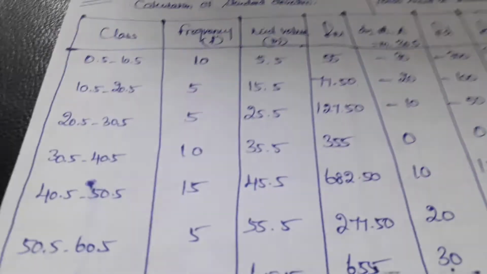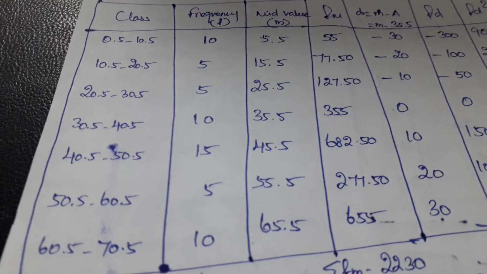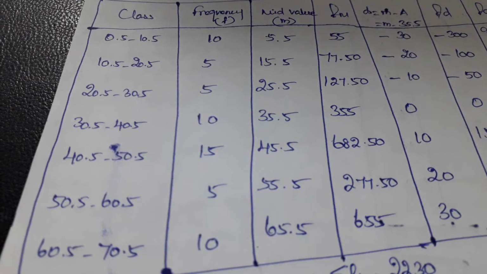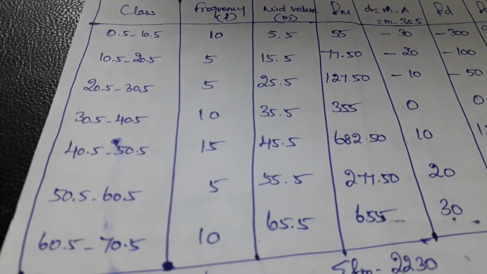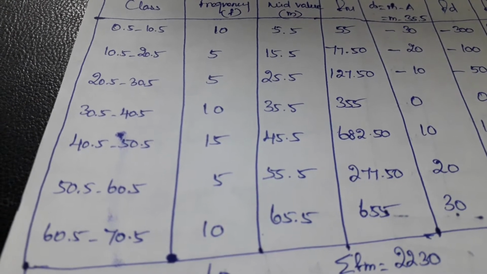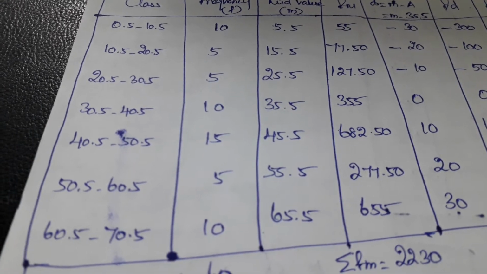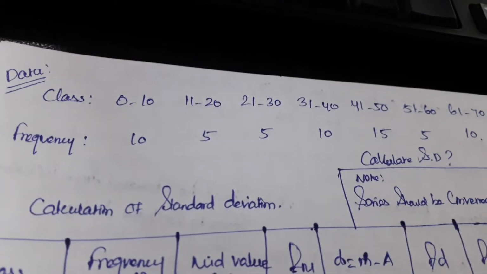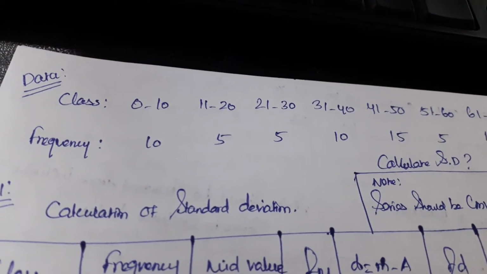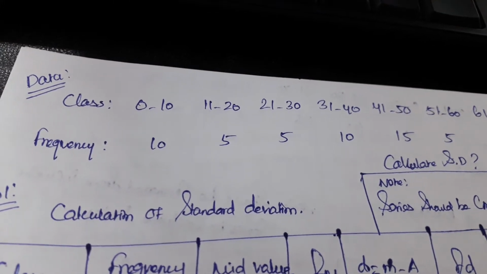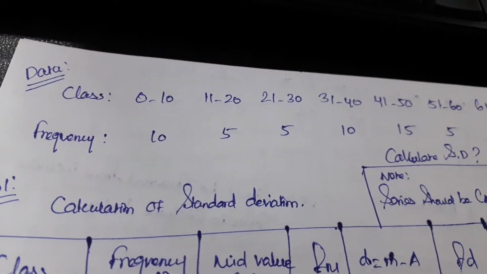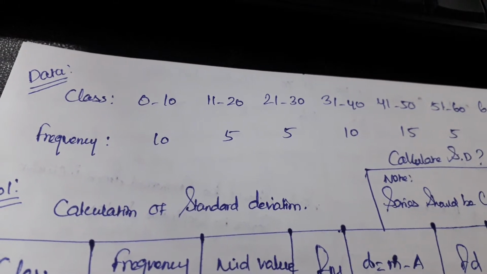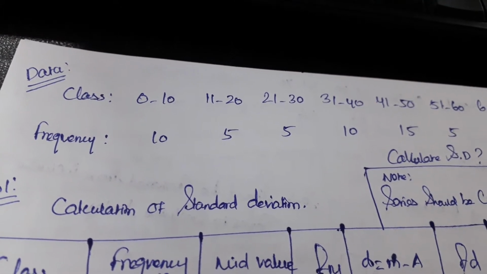The first column, the class interval column. How to convert the inclusive series into the exclusive series? For that we need to look at the class interval in the problem. The first class interval is 0 to 10. The second class interval is 11 to 20. Take the last value of the first interval, that is 10.